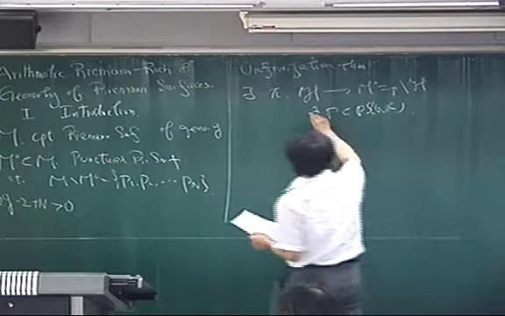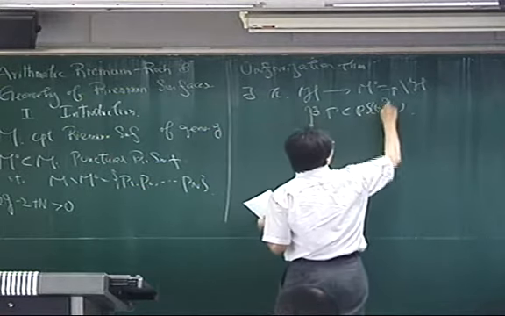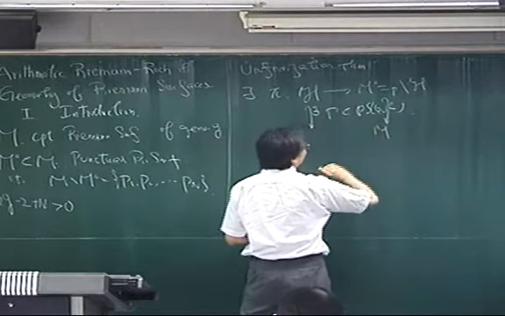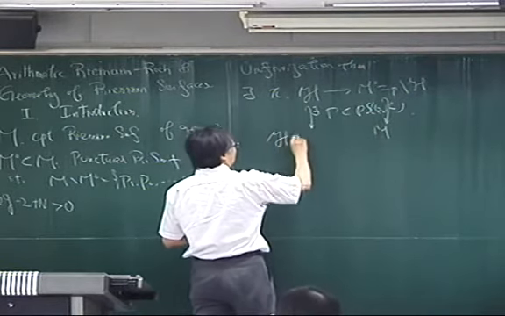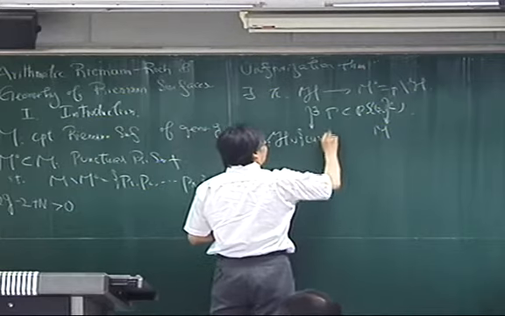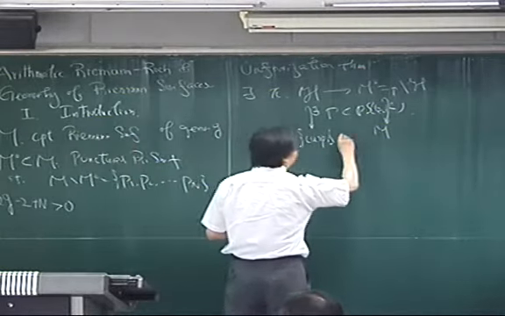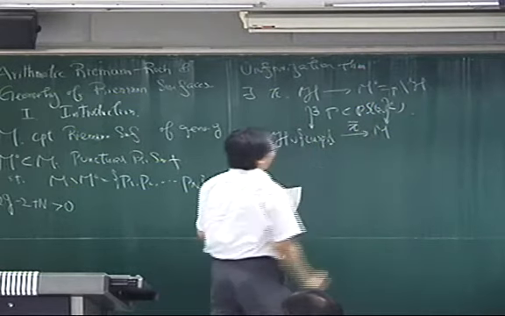Of course, you can have a very natural compactification. Here is M. There you just add those cusps. You can extend this map to pi bar on M.